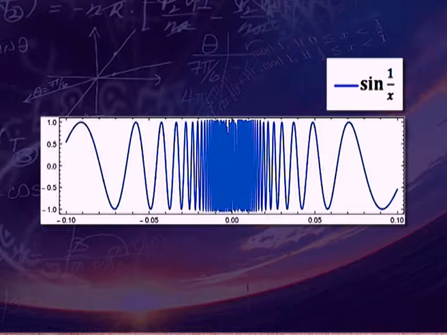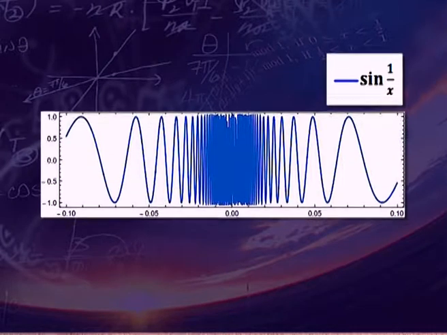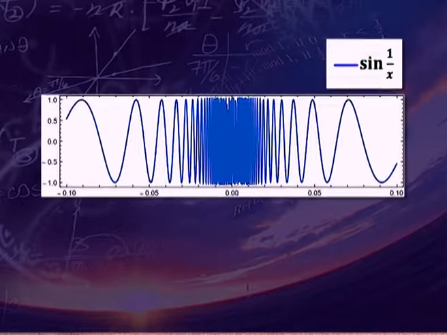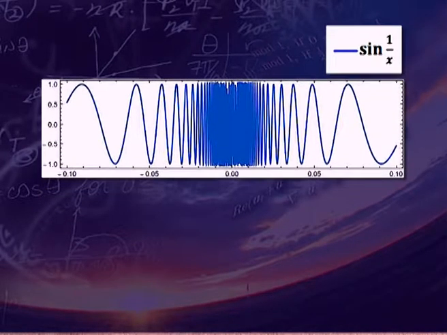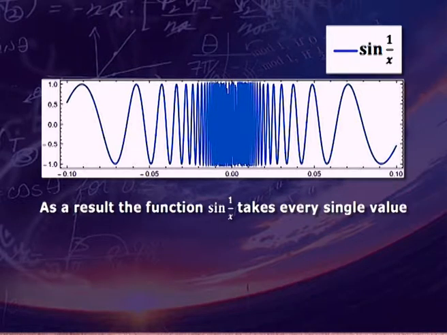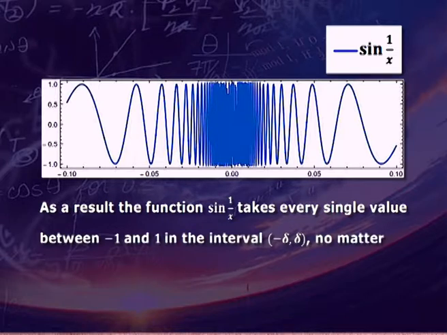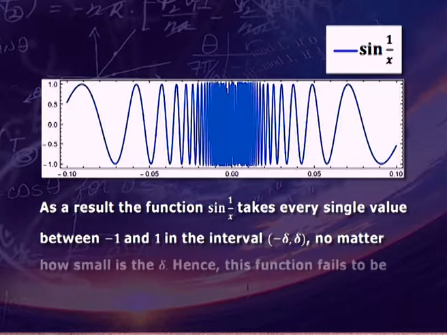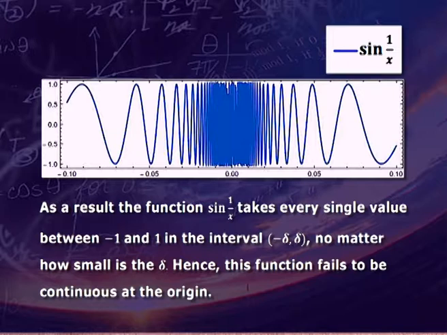If we look at the graph of this function, then we realize that as x approaches the origin, the oscillations of sin(1/x) get faster and faster. As a result, the function sin(1/x) takes every single value between -1 and +1 in the interval minus delta to delta, no matter how small the delta is. Hence, this function fails to be continuous at the origin.